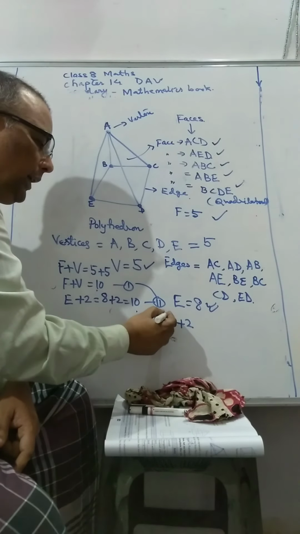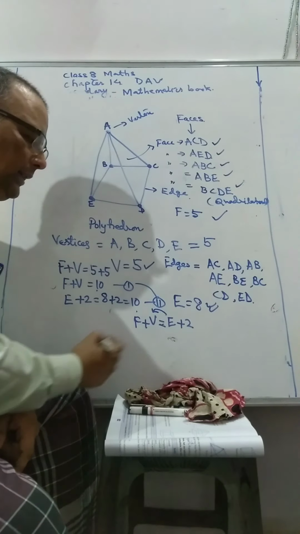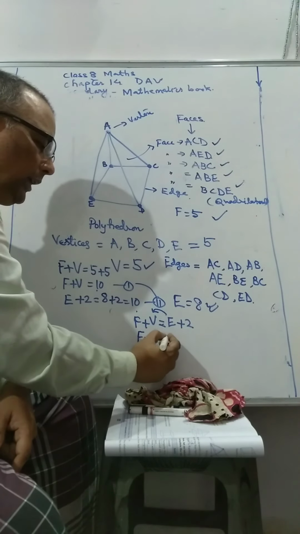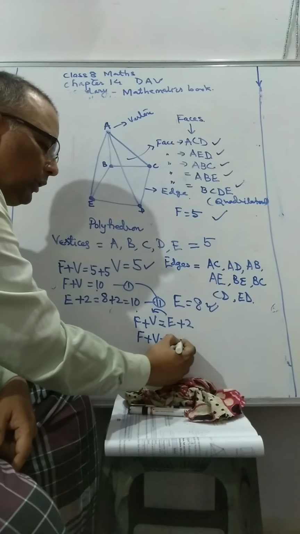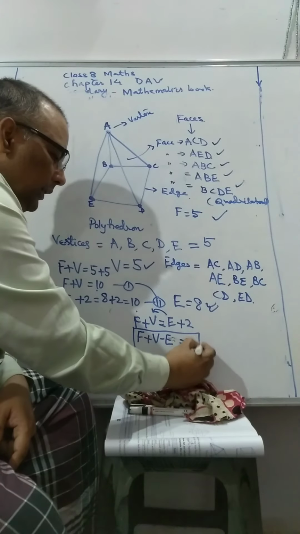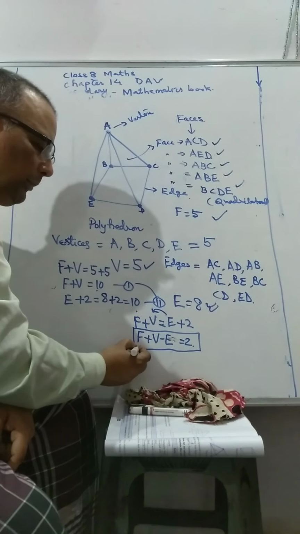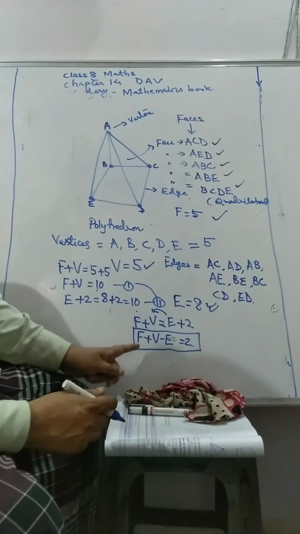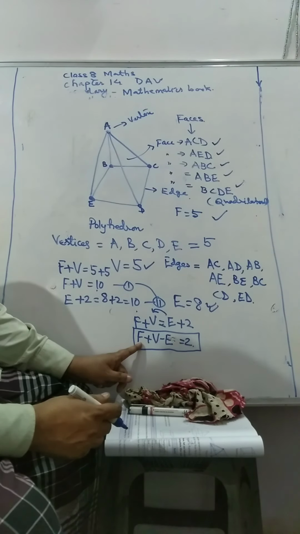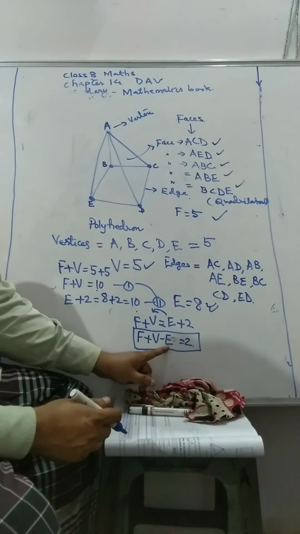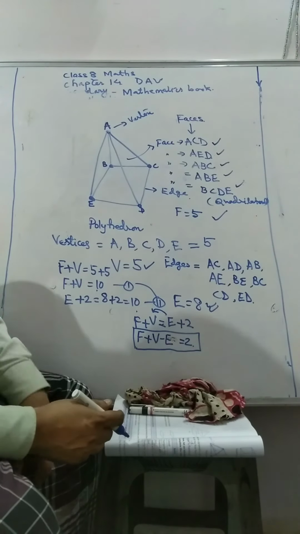If we bring the number of edges to this side, F plus V minus E is equal to 2. This is also the formula, the same formula, but with E taken to this side. So the sum of faces and vertices, minus the number of edges, is always equal to 2.